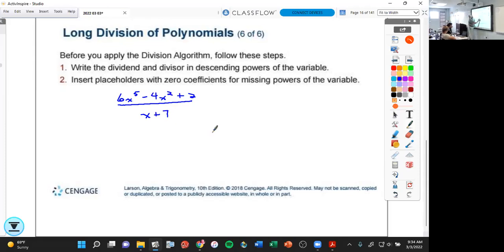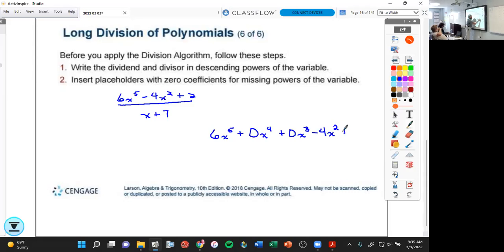If you were to write that as 6x to the 5th plus, how many x to the 4th do I have? Where are they? I don't have any. Do I have any x cubes? Do I have any x squares? Do I have any x's? Do I have any constants?